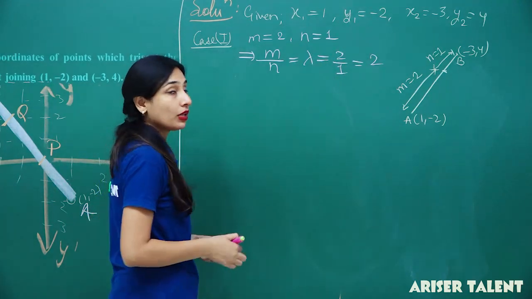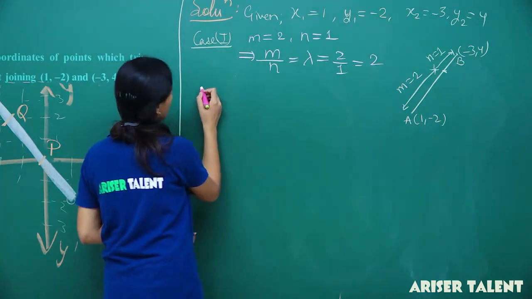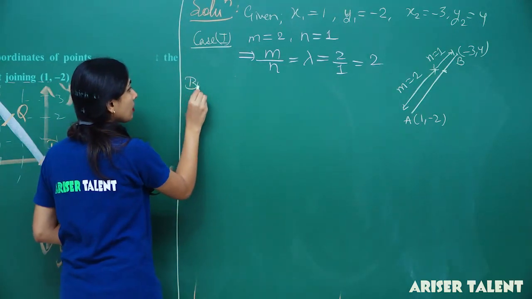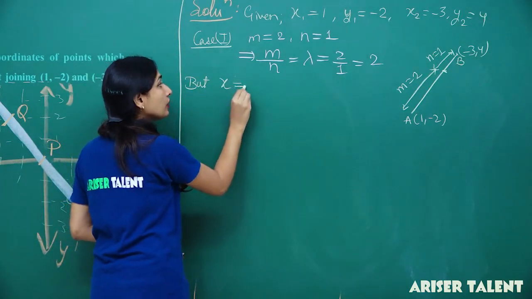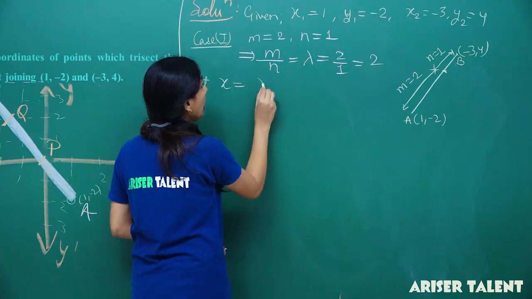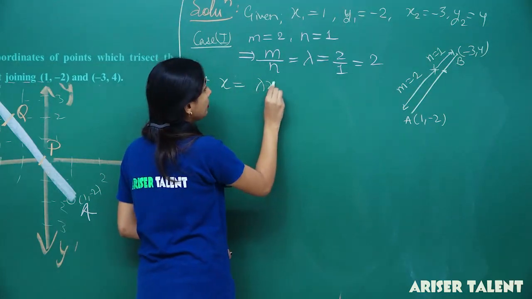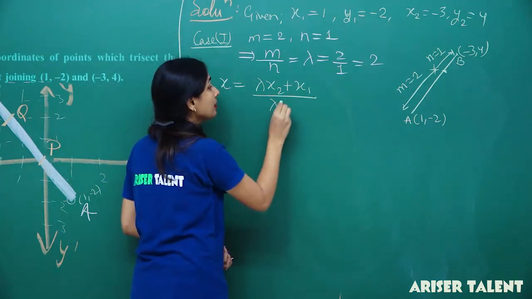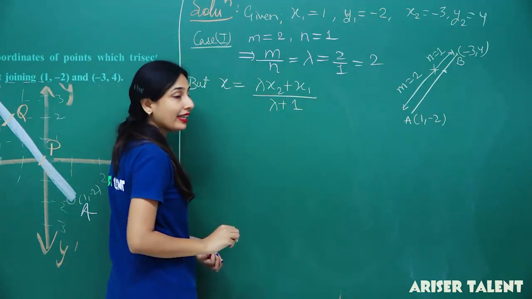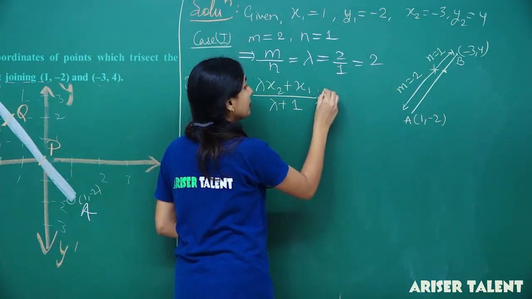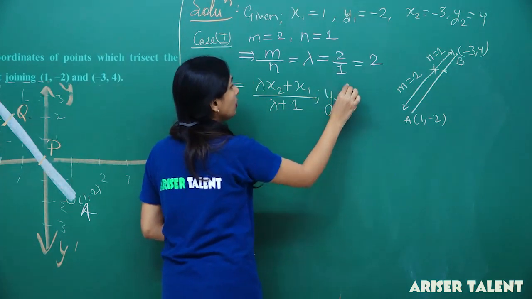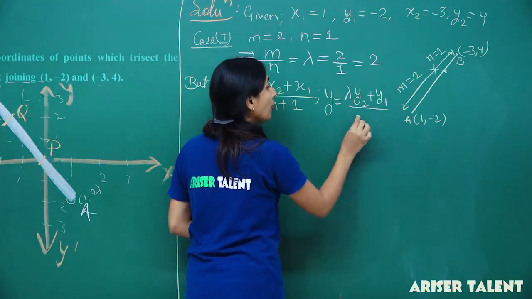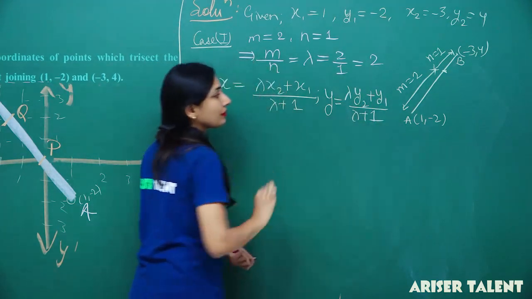Now, according to the formula, x equals (lambda x2 plus x1) by (lambda plus 1), and y equals (lambda y2 plus y1) upon (lambda plus 1).